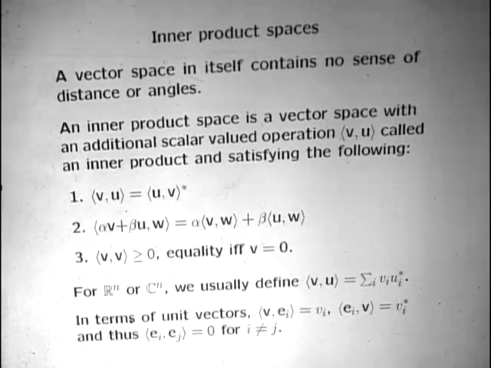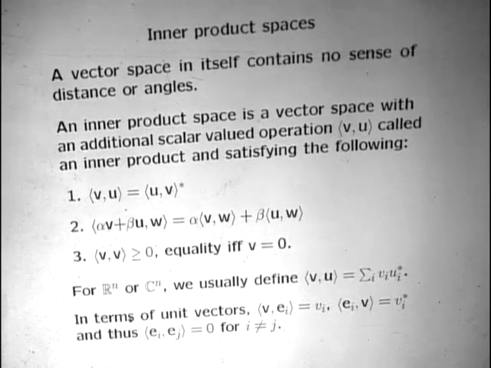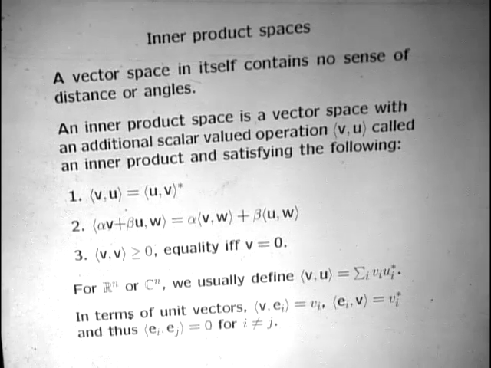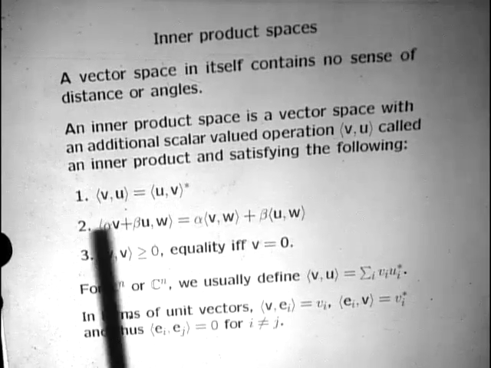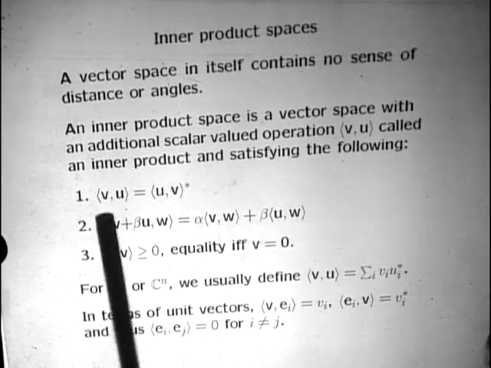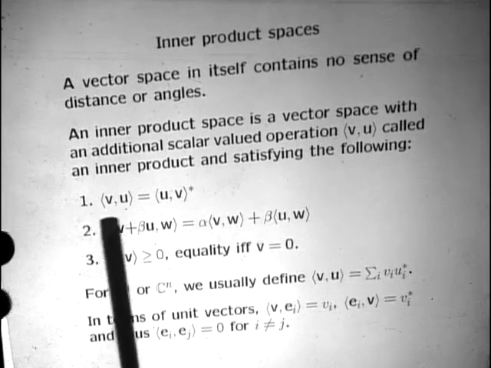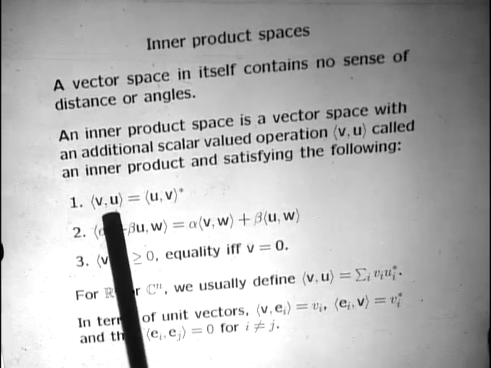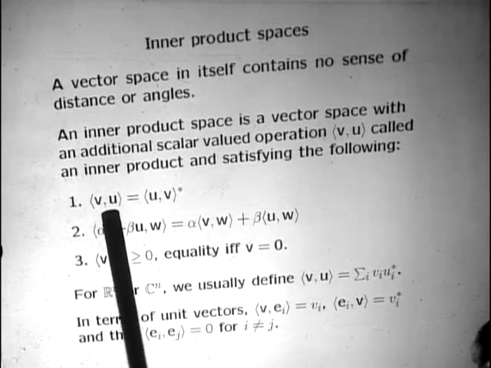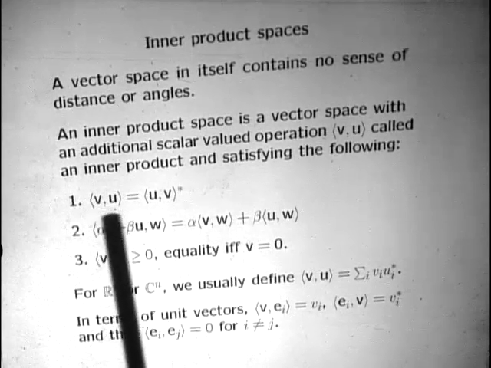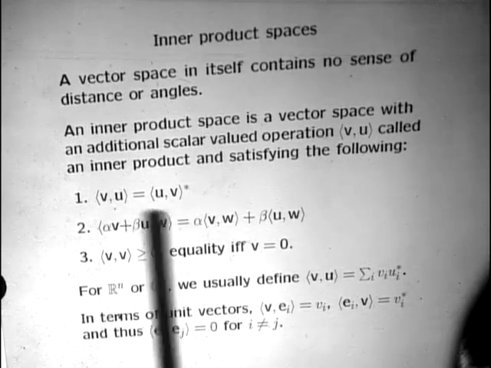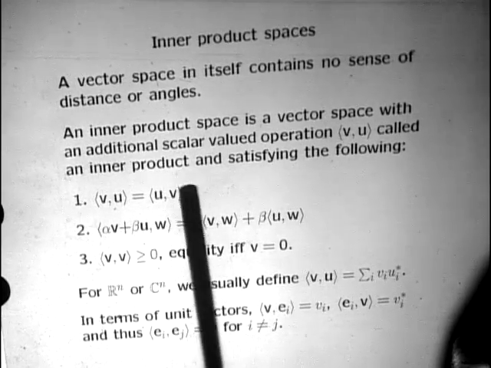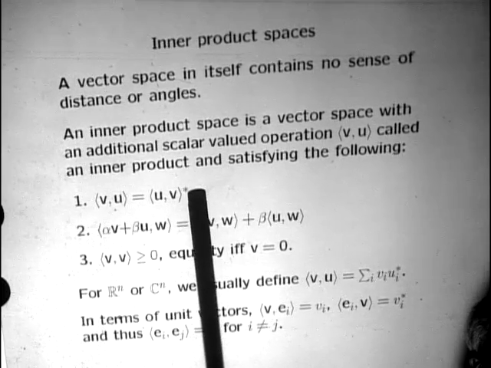An inner product is a scalar valued function of two vectors, and it's represented by these little brackets. The axioms that these inner products have to satisfy: if you're dealing with a complex vector space, in other words, where the scalars are complex numbers, then when you switch this inner product around, you have Hermitian symmetry, which means that this inner product is equal to the inner product of U and V, complex conjugated.